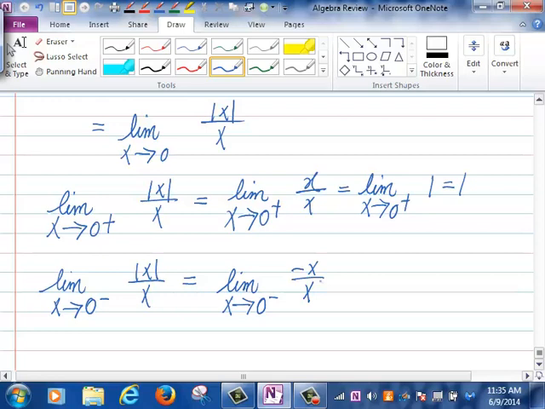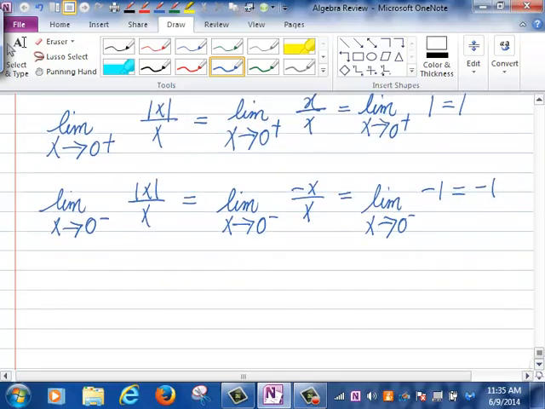Because now x is negative. So this is equal to the limit as x goes to 0 from the left of negative 1, which is negative 1.